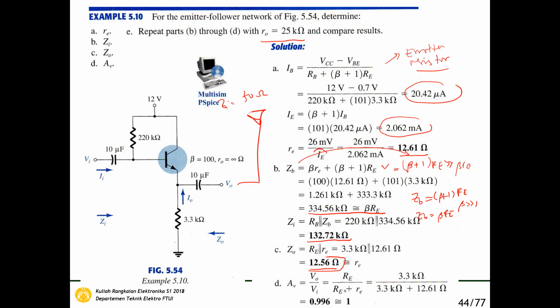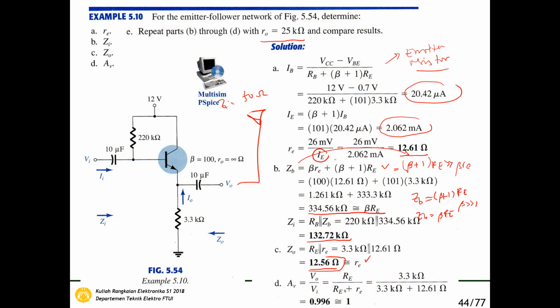We can control the emitter current here. If we decrease the emitter current from 2 to approximately 0.5 milliampere, we get re equal to 50 ohm. So here we can control the output impedance by controlling the emitter current. This is how we can easily use the emitter follower as a buffer or for the matching condition of the output impedance of the system.